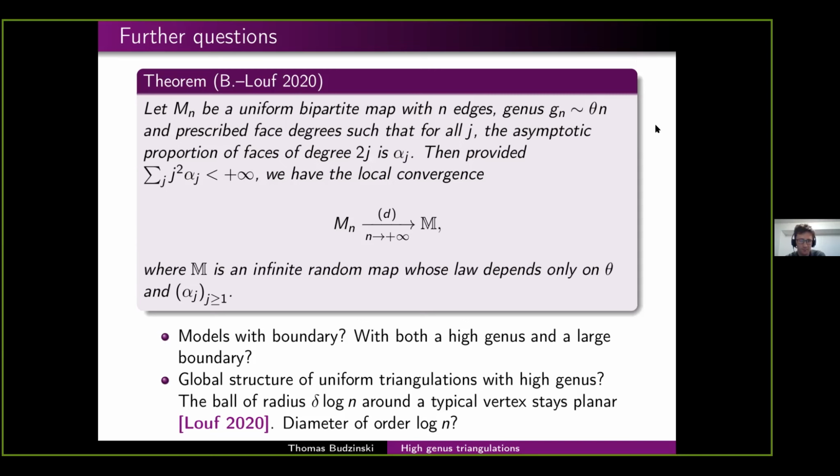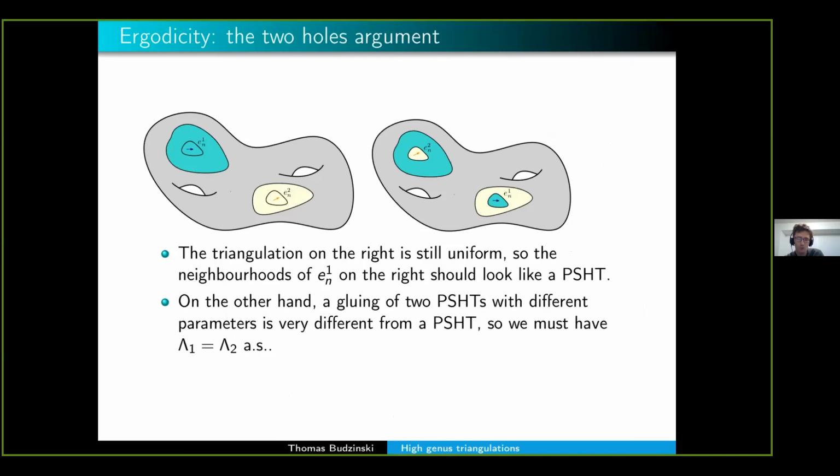I should maybe mention that the least robust part of the proof is actually the last one here, this swapping argument. This is what caused us the most difficulties when we wanted to generalize to other models of maps, because we need to be able to find two neighborhoods of the two roots which have exactly the same length. For triangulations, it's quite easy, because when we grow a neighborhood of the root, the length can only increase by at most 1, so we know the perimeter is going to hit every possible value.